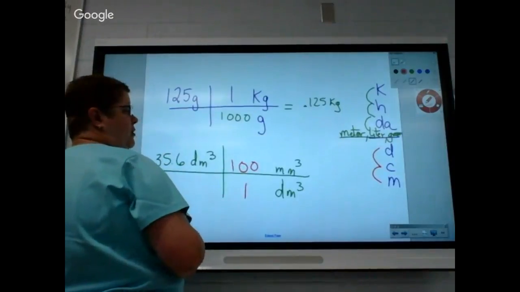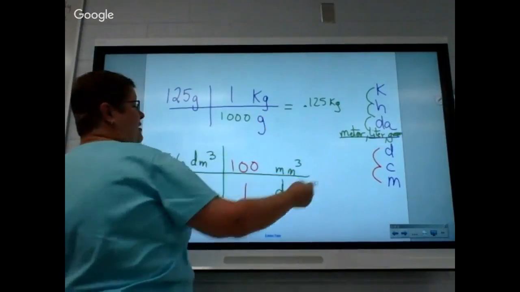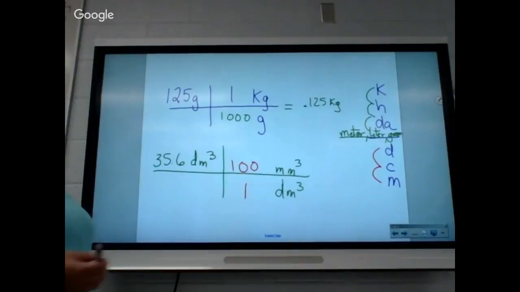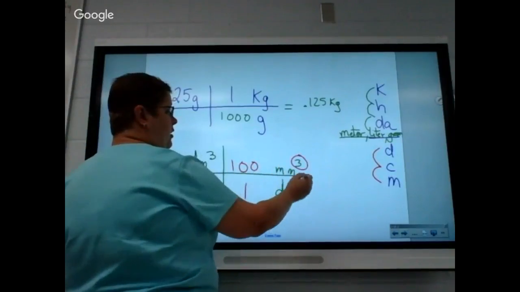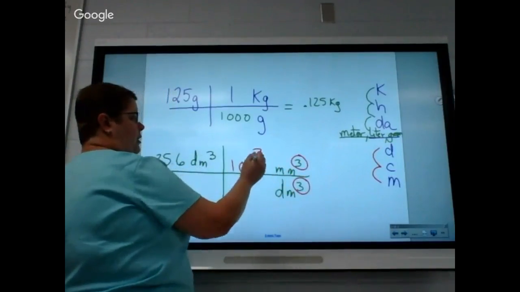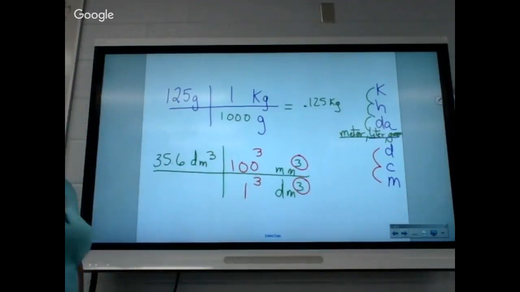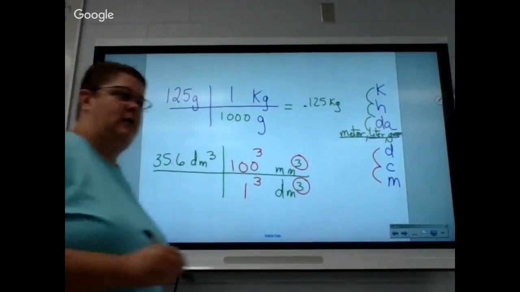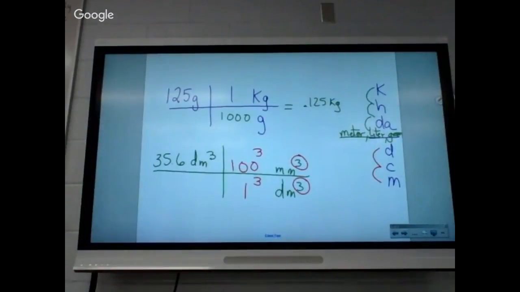And what are we going to do that makes this chart and this chart different? All right, both of these have cubed units, so I cube both of the numbers. Does everybody see how those are different? Okay, are we okay with calculating this? Now, did you get your own calculator? Because I need mine.